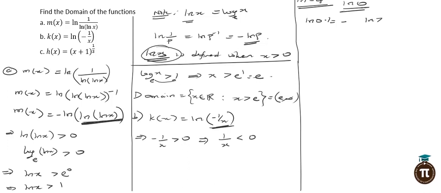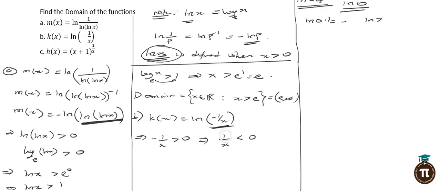So if you have 1 over x to be less than 0, it means that 1 over x is negative. Anything less than 0 is a negative number.